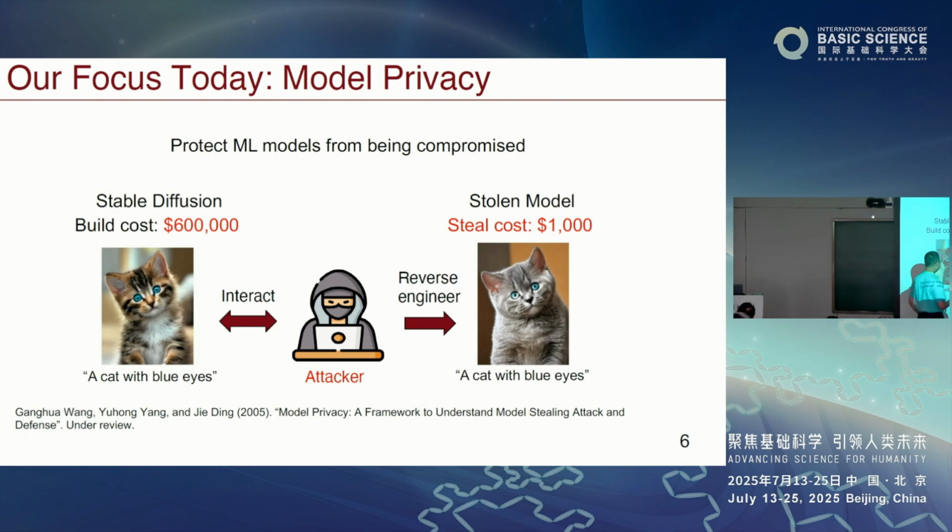And if we are not careful, as we will see, then the person can reverse engineer and learn your secret model quite easily, right? And his stealing cost can be maybe just $1,000 to get almost as accurate a prediction algorithm as you.